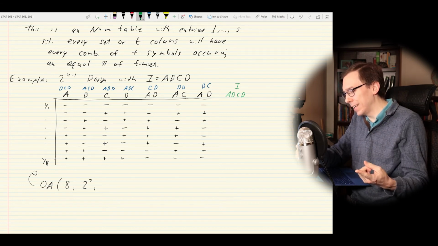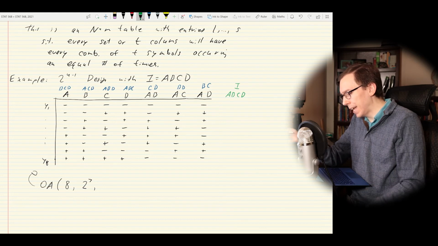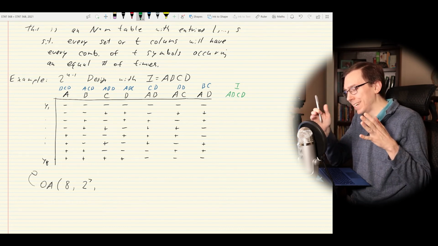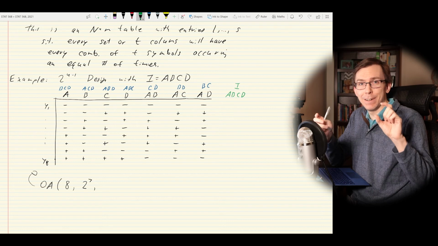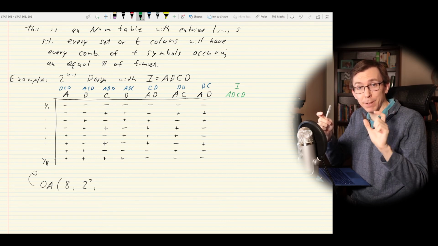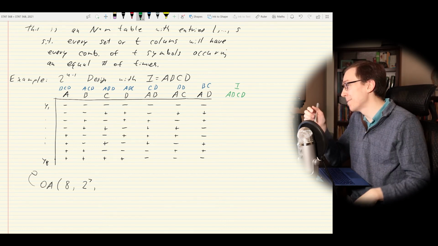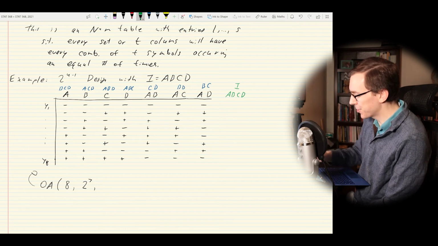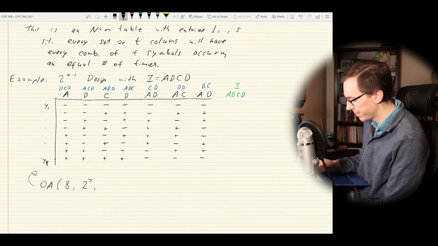I have all the other triples all the way down to plus, plus, plus, each occurring once. If I choose any other collection of 3 columns, I would have the exact same thing: every triple of symbols will occur exactly once. And what that means is that we have a strength 3.